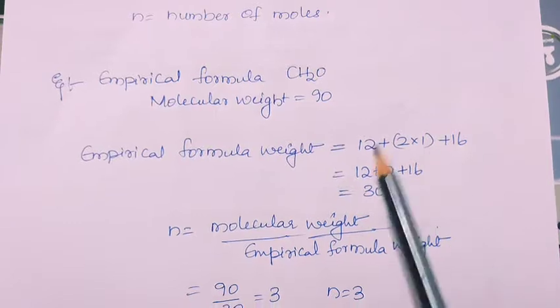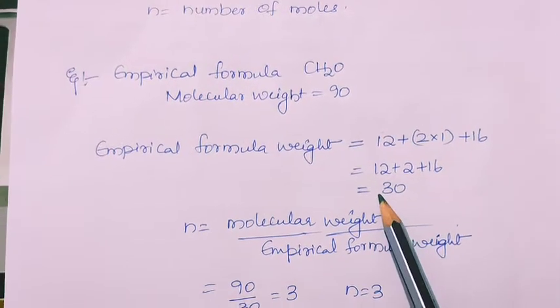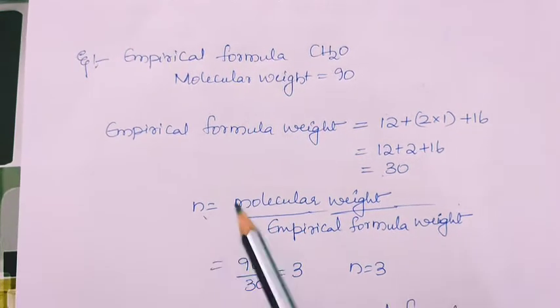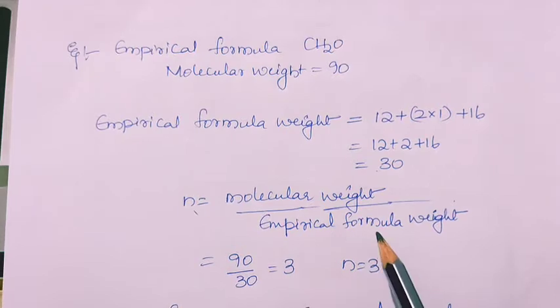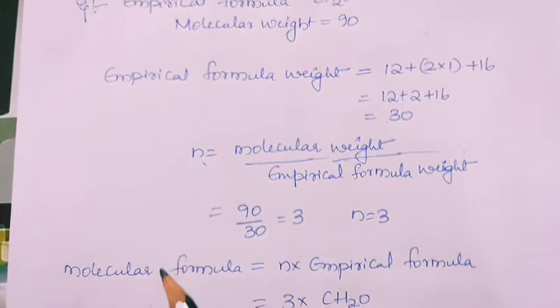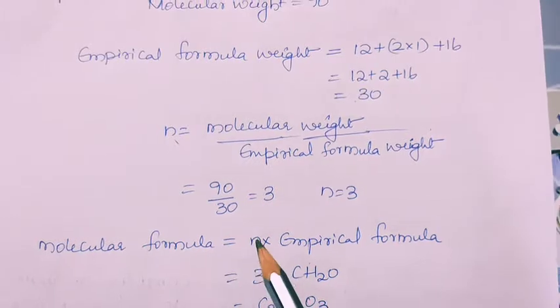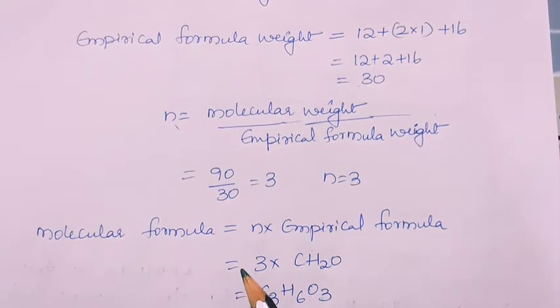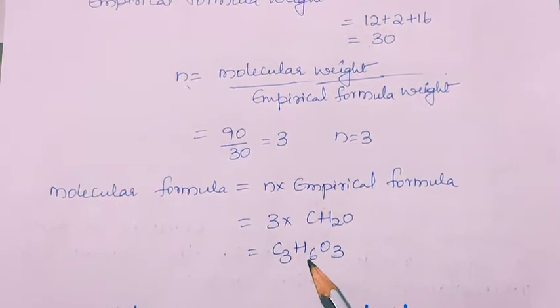So totally the empirical formula weight is 30, and the number of moles is equal to molecular weight by empirical formula weight. So we will get the number of moles. Now we will calculate the molecular formula. Number of moles into empirical formula gives the molecular formula.